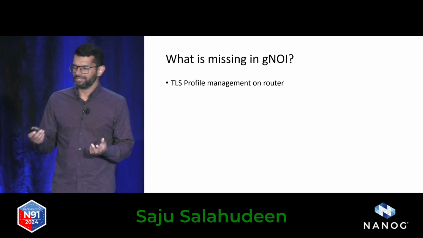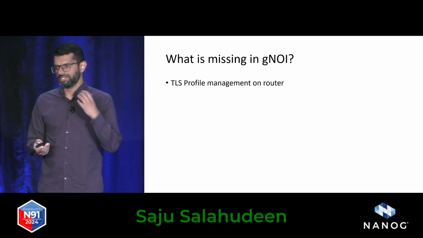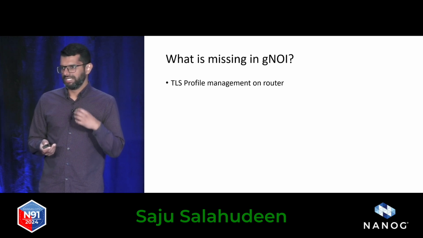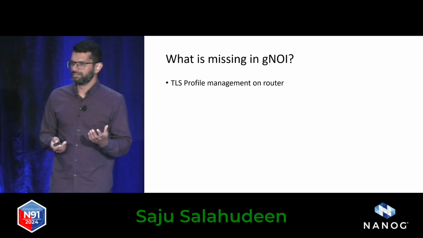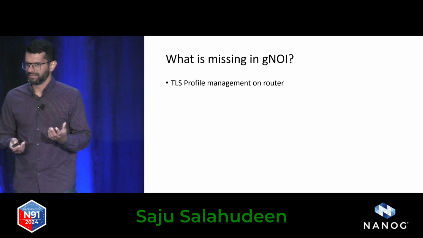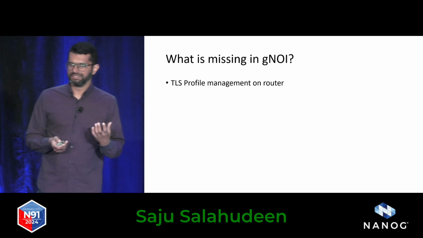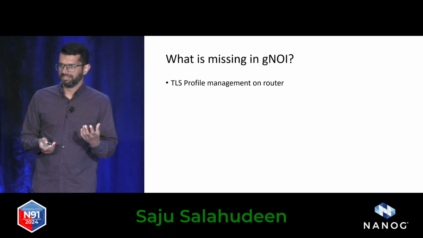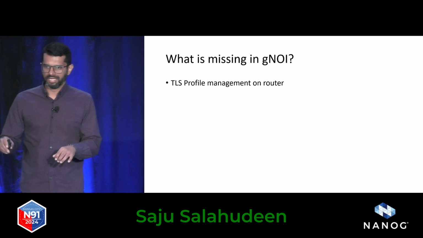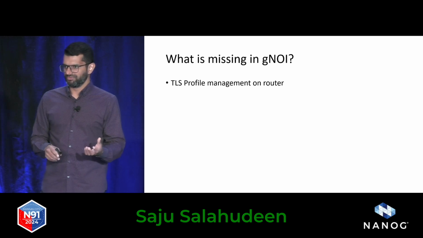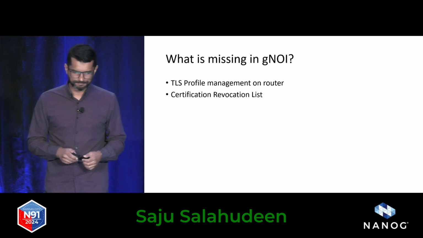So you would go on the router, configure your certificate and your key, and enable a particular application, for example gRPC, to use TLS certificates. That TLS profile management, before gNSI came in with gNOI, you had to do manually: go on the router and type in your CLI commands to enable that TLS profile. So that was missing in gNOI.